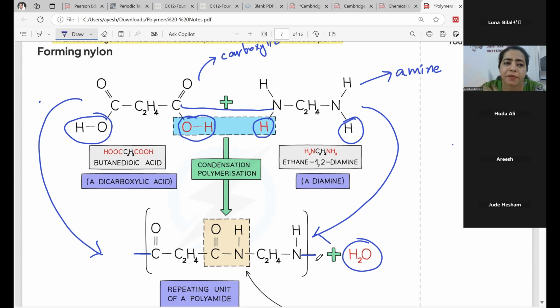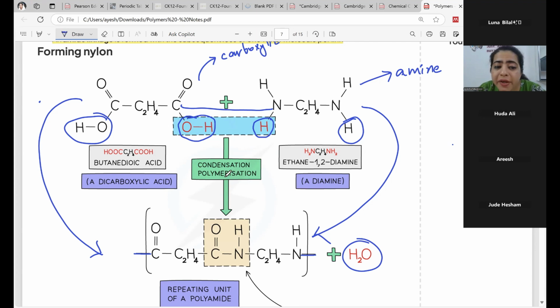Miss? Yes. So basically in the formula we should write this formula, okay? But for the water, should we write 2H2O? No, one H2O, which is released from the center.